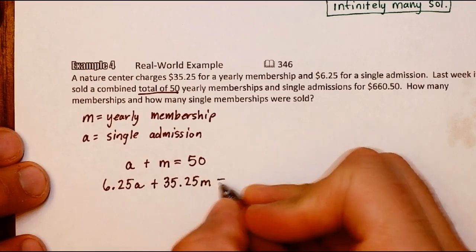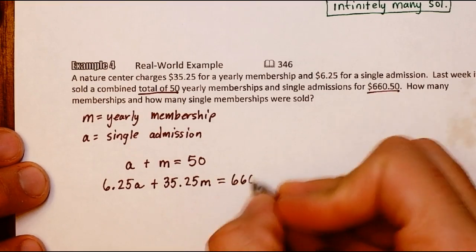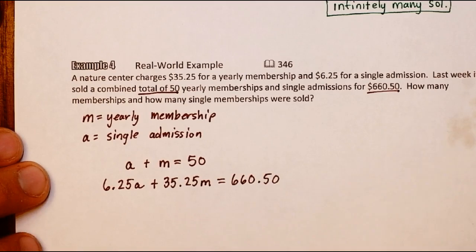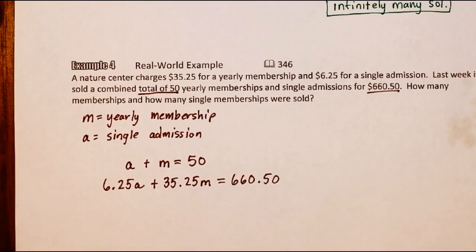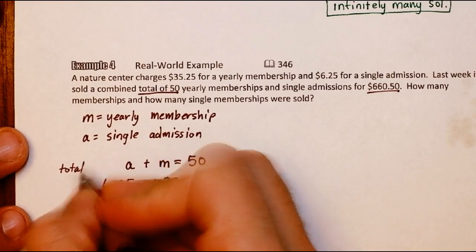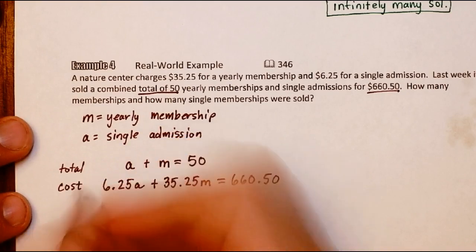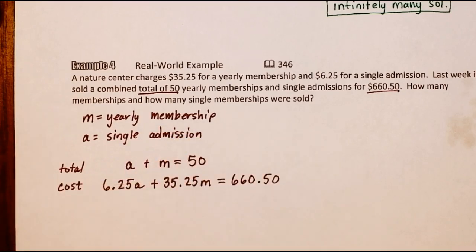And that's going to be equal to the total cost, which was $660.50. So when we go to set up this system of equations, we're going to have one that talks about our total amount sold, and then we're always going to have one that involves a cost equation, or in this case, a cost equation. Okay.